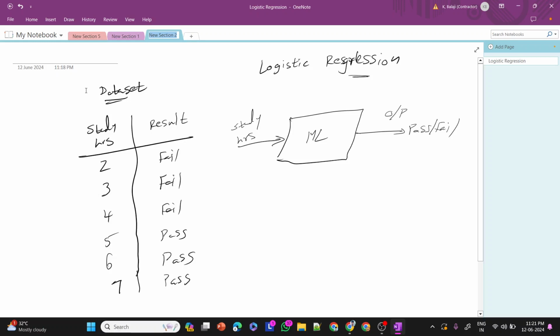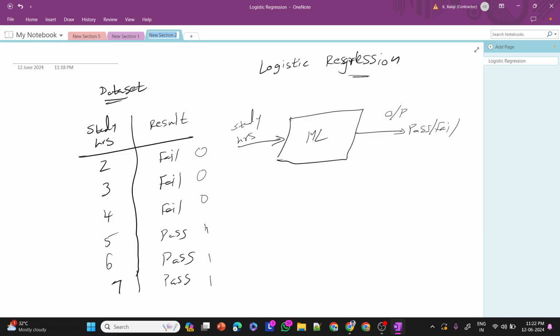Let's consider the data set, and try to solve this problem using a linear regression algorithm. For example, let's plot this. Let's consider that when the person fails the exam, the output will be 0, and if the person passes the exam, the output will be 1.